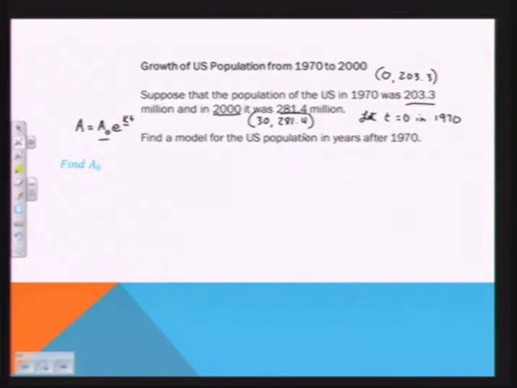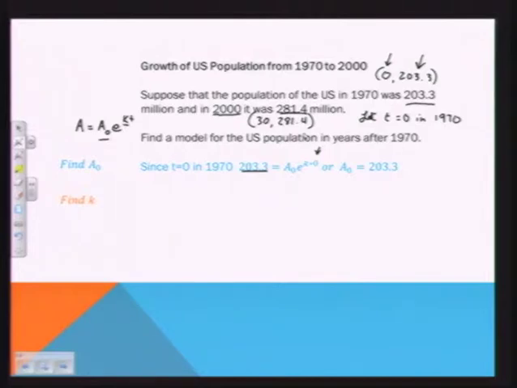Okay, as we said earlier, we need to find A sub 0 first, and then find k. To find A sub 0, since t is 0 in 1970, we can put 203.3 from our point up here in place of A, and we can put 0 in place of t.